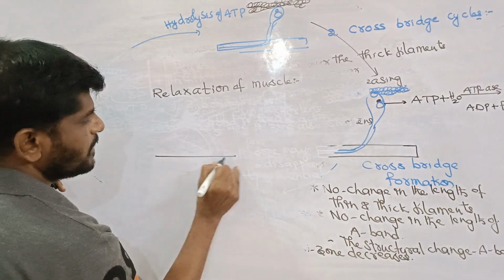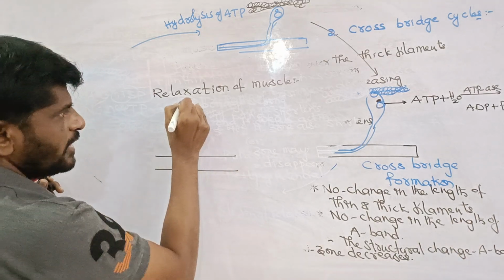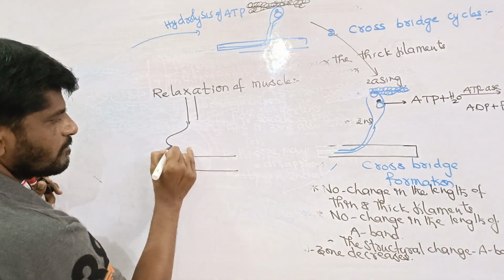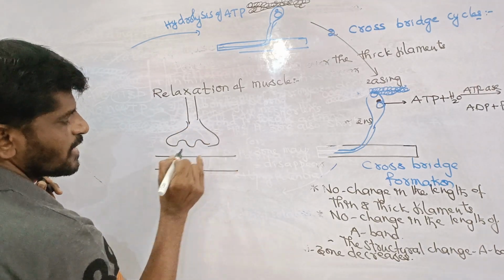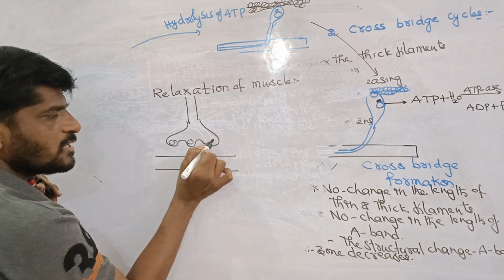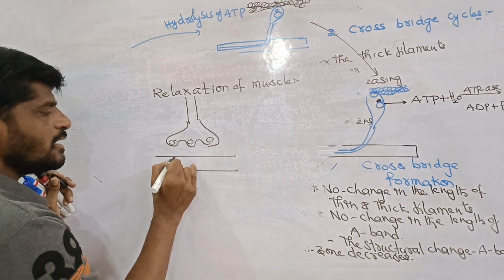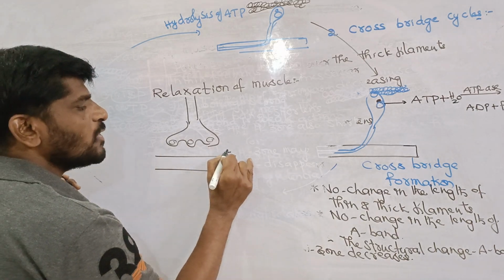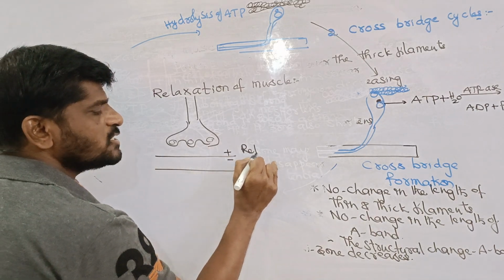And this is the sarcolemma. When the nerve stops the stimulation, when there is no neurotransmitter released at the neuromuscular junction, ultimately the sarcolemma is repolarized.